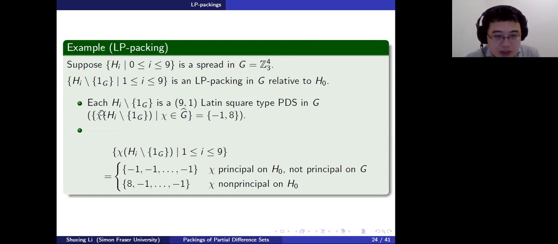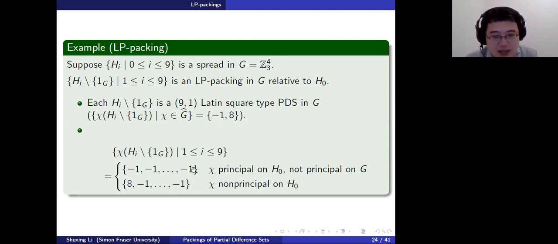And we would like to look at LP packing via the angle of characters. Each H_i minus identity is a Latin square type PDS. If we apply a character to it, we shall always get -1 and 8, exactly 2 integral values. More to the point, if we take the same character and apply it to the 9 members simultaneously, we would get a multiset of 9 values.